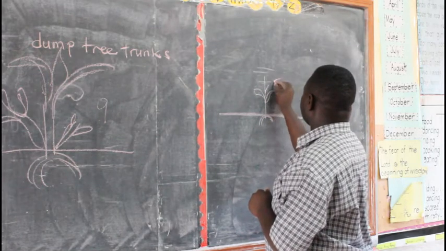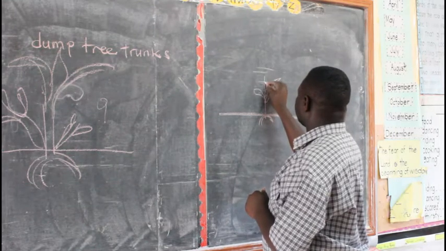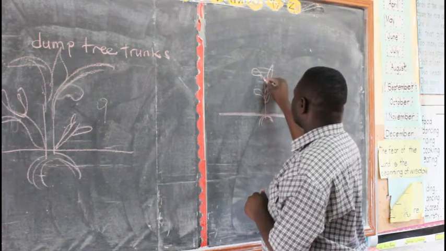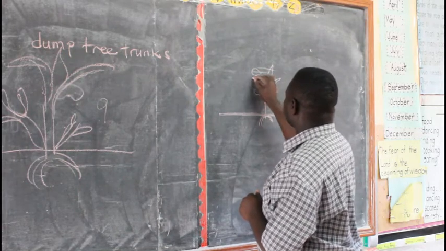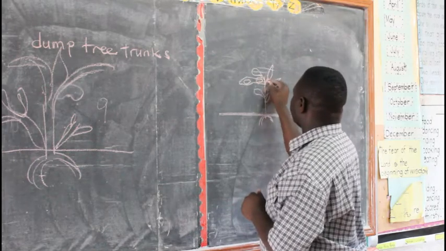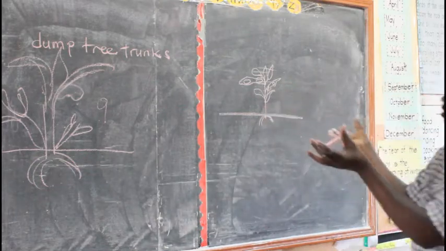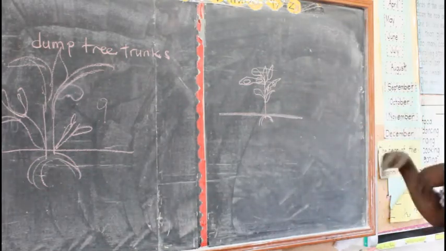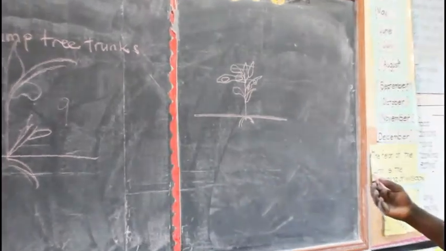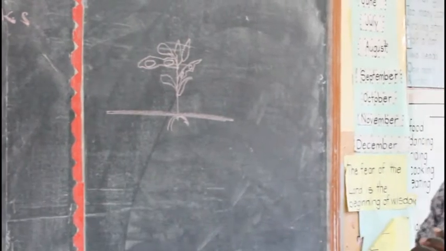Then we have a bean pod having bean seeds inside. Then also we can get here another bean pod containing beans inside. Okay? It's just a sketch of a bean plant. Let me now say something about locomotion, how plants move from one place to another.